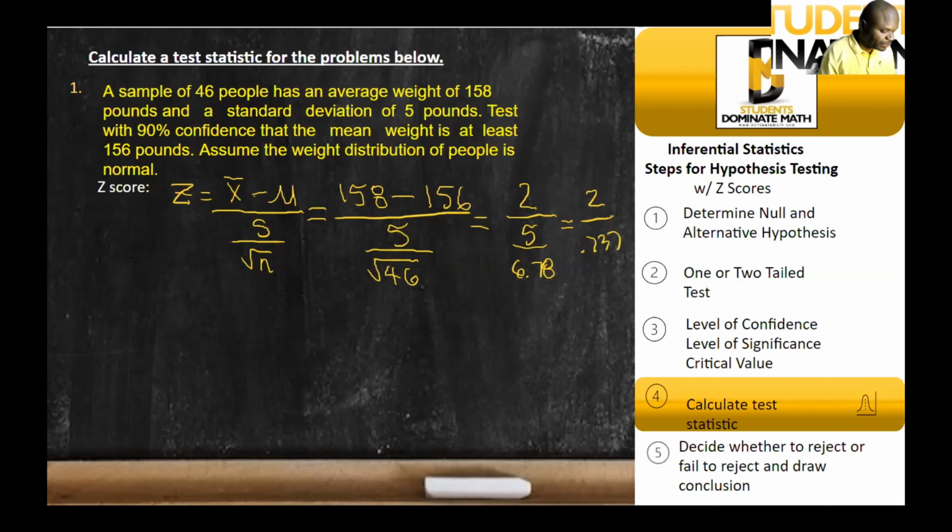You divide these two, and you end up with a z-score of 2.71. All right, and that's that.